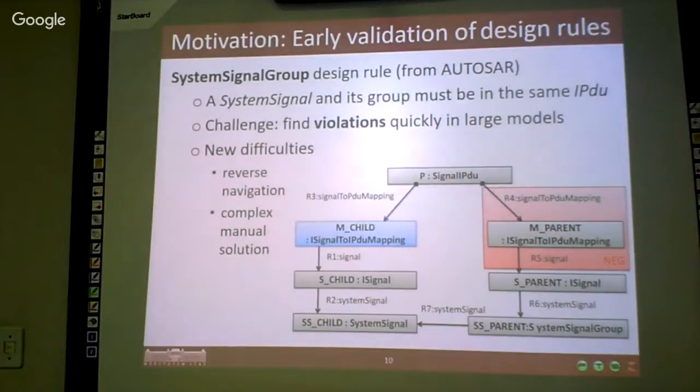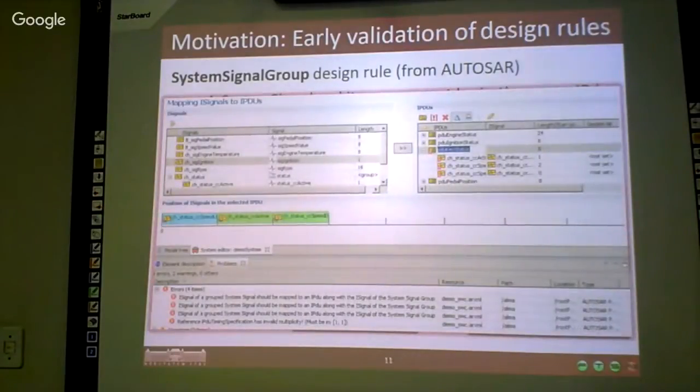And there are many difficulties besides the complexity of the models and their size. So you need some language support to define these patterns and so on. And this system signal group design rule is from AutoSAR, which I showed you on the last slide.